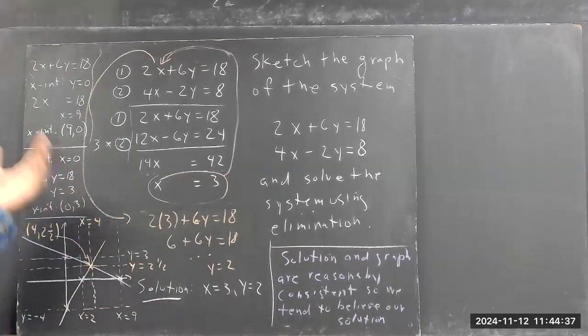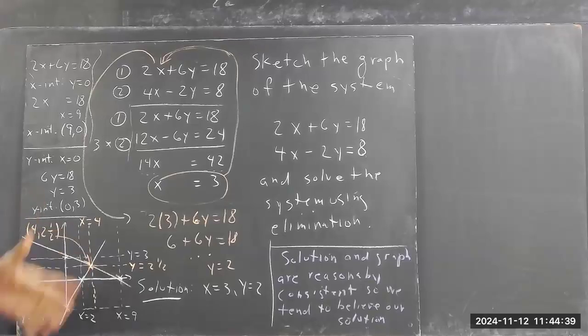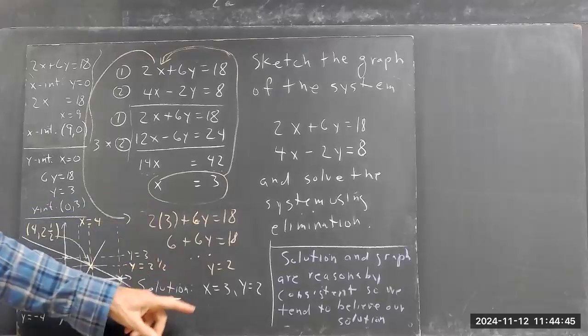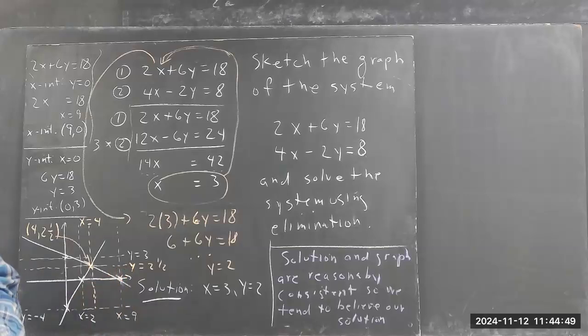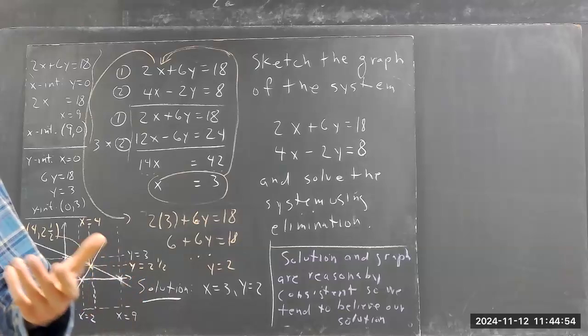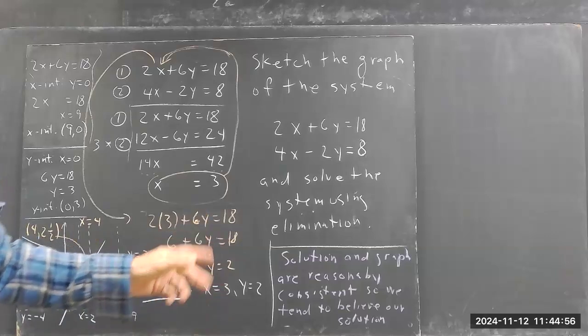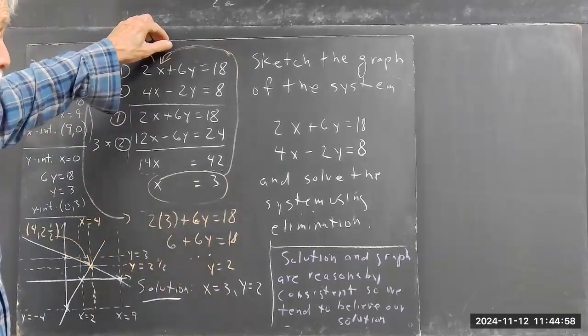And this could be a quick sketch. You just want to see about where the solution is. But if the lines clearly meet in the first quadrant and you get a solution that puts you in the second, third, or fourth quadrant, you know either you screwed up the graph or you screwed up the solution. Then you go from there.